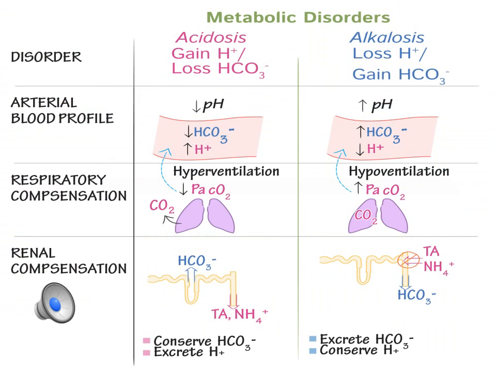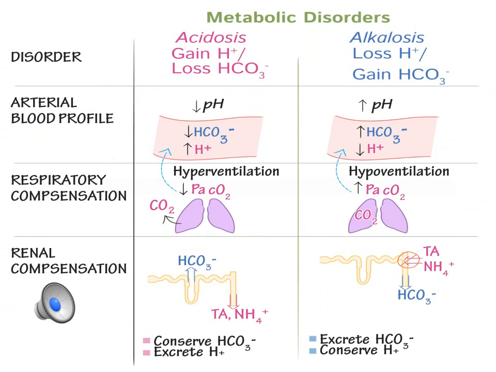And coming to the second column, the alkalosis, what happens? There is loss of H plus and gain of HCO3. So what is the arterial blood profile? We know it's an alkalosis, so the pH is increased, the HCO3 is increased, and H plus, that's the acid, is decreased. So what is the respiratory compensation? We know the acid is decreased.